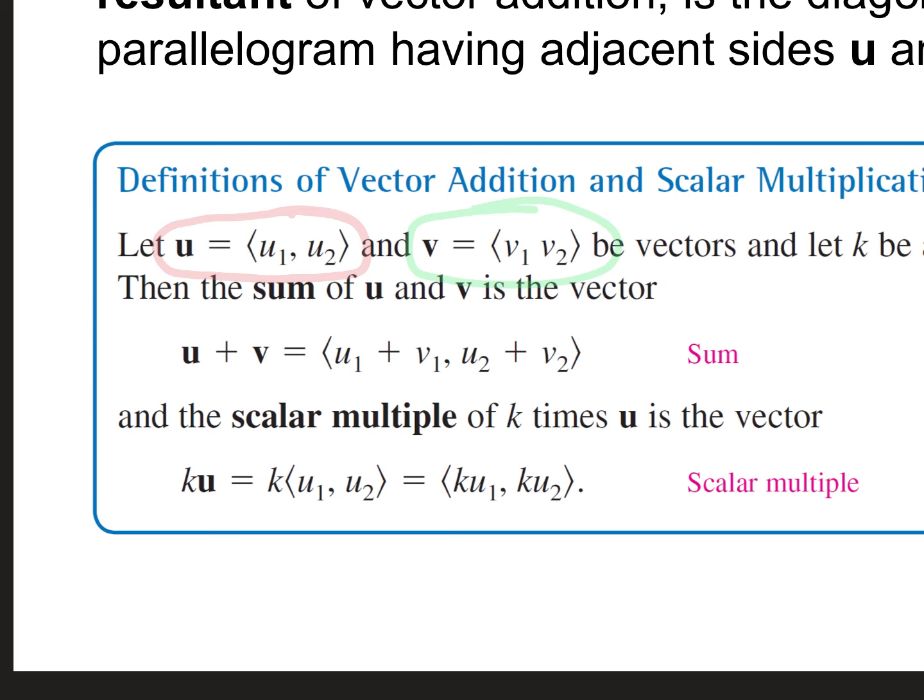If they want us to add them together, look what they did here. How'd they get the first part? What did they add? The first part of u and the first part of v, right? How did we get the second part? First stays with first, second stays with second, every time.